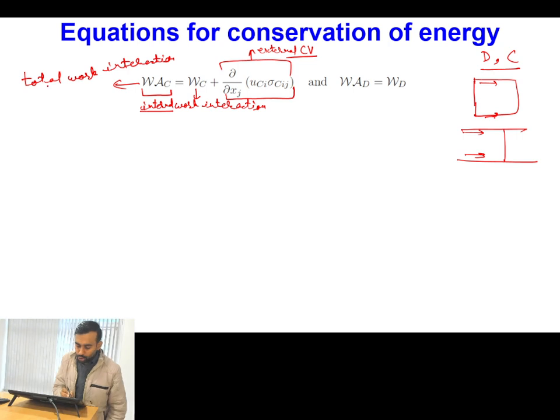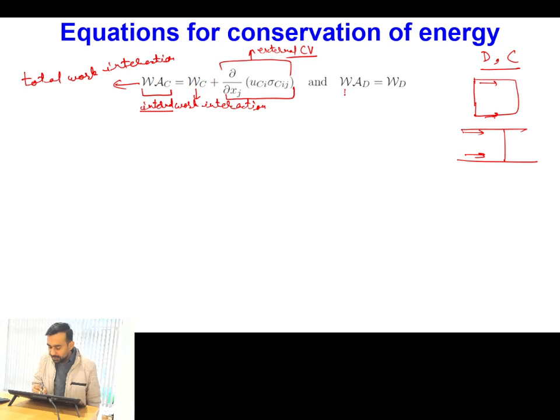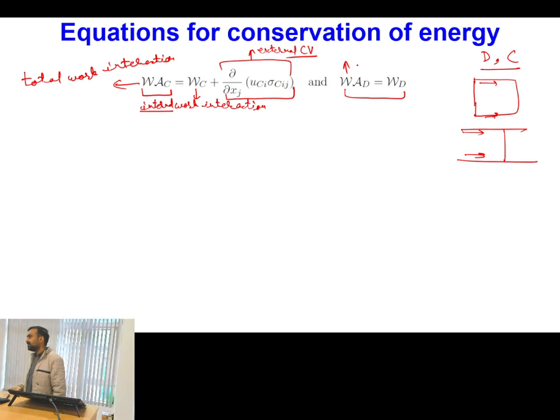So for the continuous phase, the total work interaction will involve internal work interaction because of the interaction between the particle and the continuous phase, plus external work interaction which is acting at the boundaries of the control volume. When I talk about the dispersed phase, what will be the total work interaction for the dispersed phase?